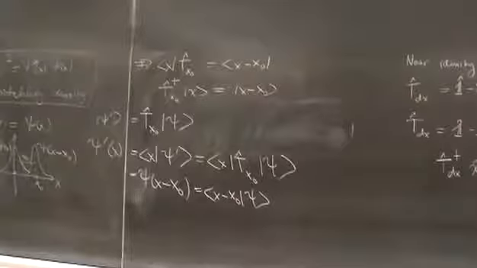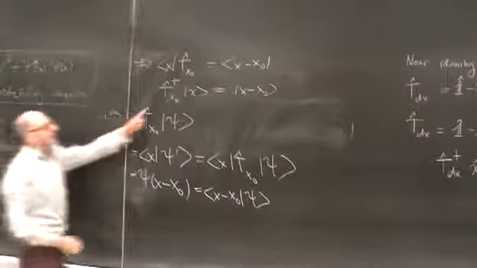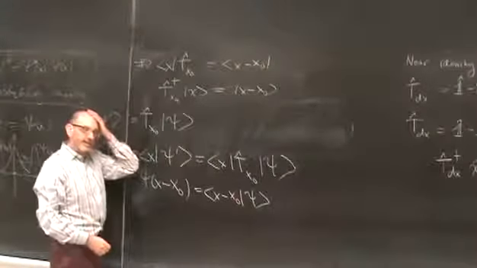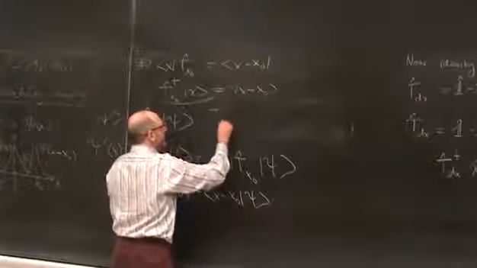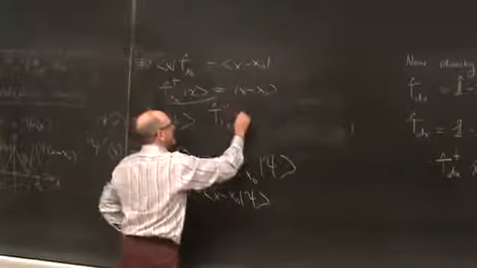Right? But this is unitary. And so T dagger is T inverse. But the inverse is just translated by minus x.